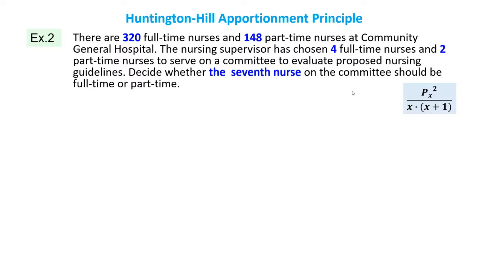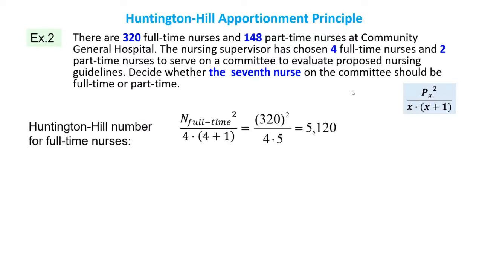Decide whether the 7th nurse, so we increase the representative body, and we decide which group will get this extra, the 7th nurse. So we will compare the Huntington-Hill numbers for the 2 groups.